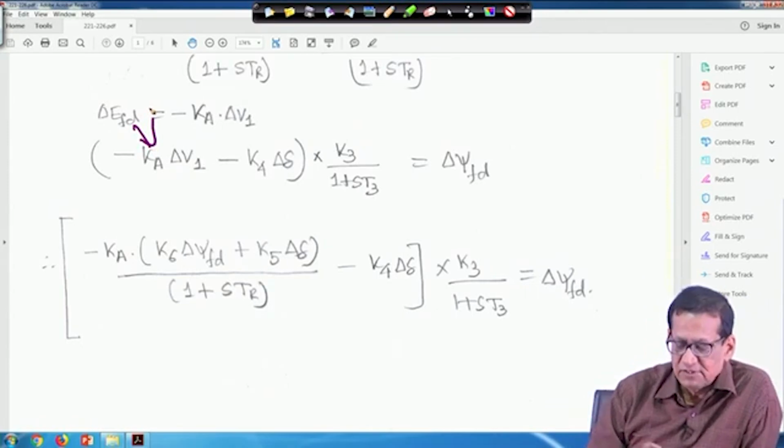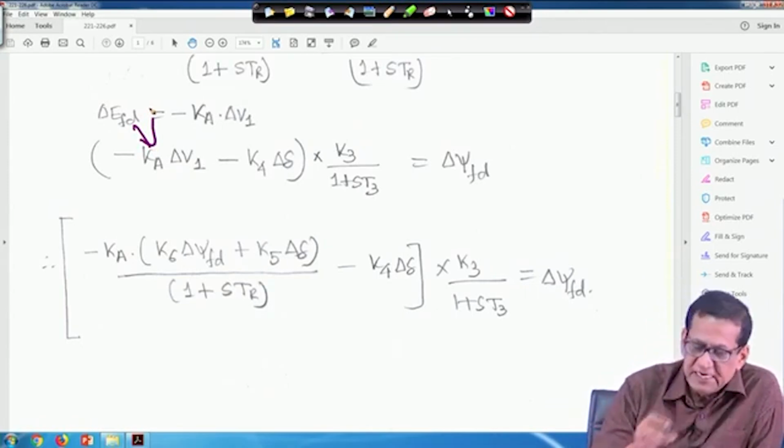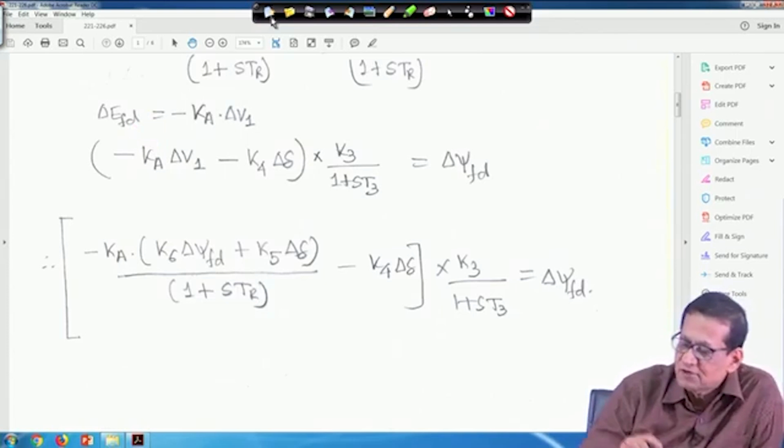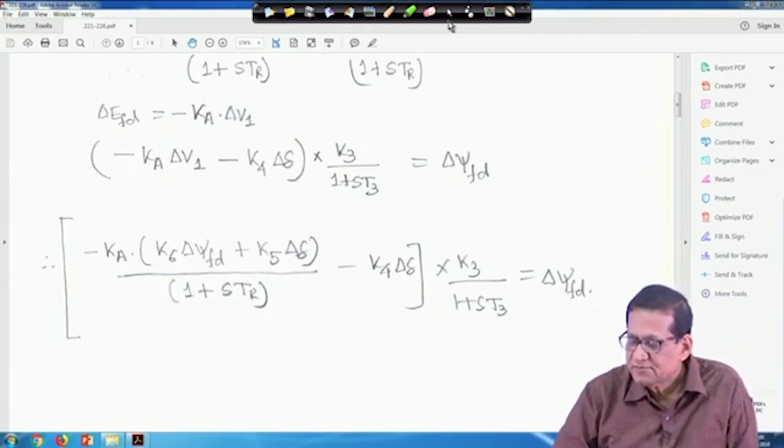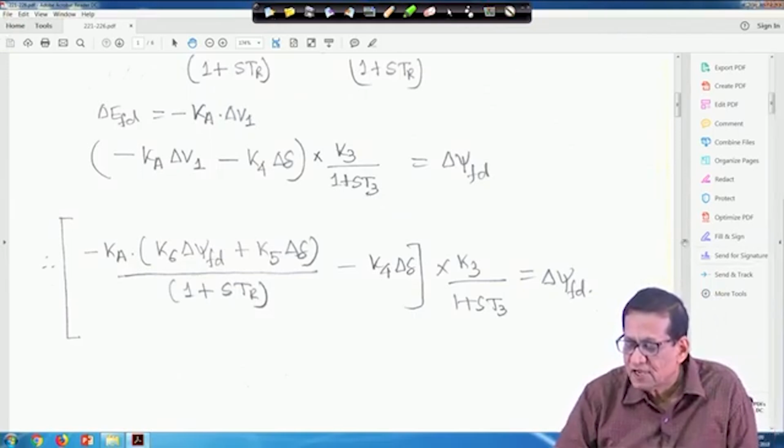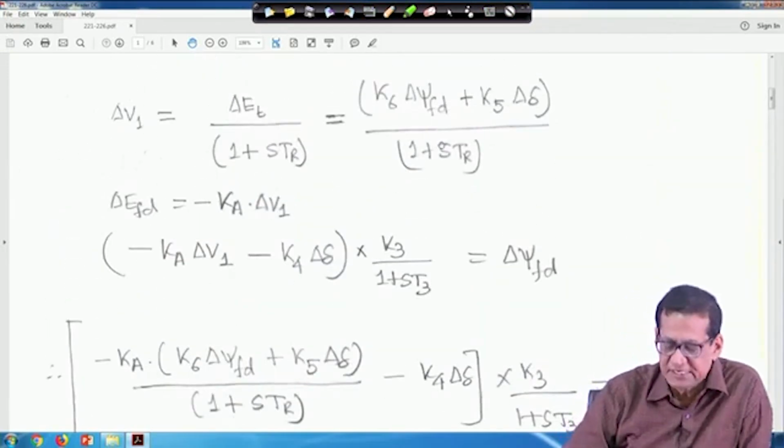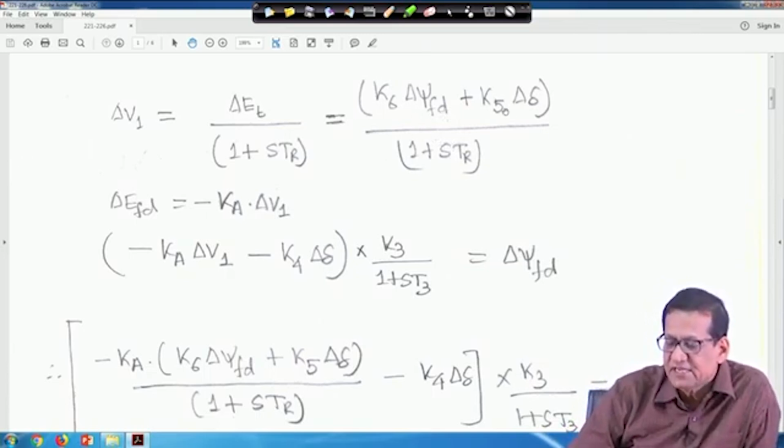Now, delta V 1 is given here, k 6 delta psi f d plus k 5 delta upon 1 plus S T r.